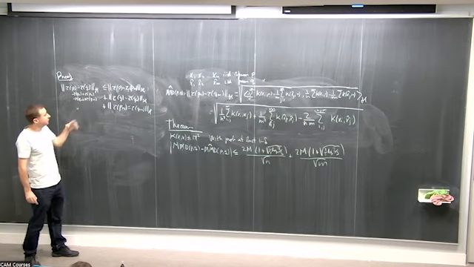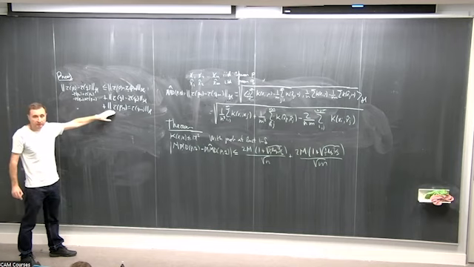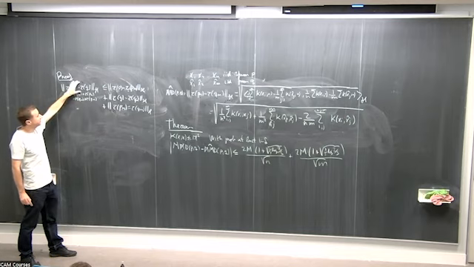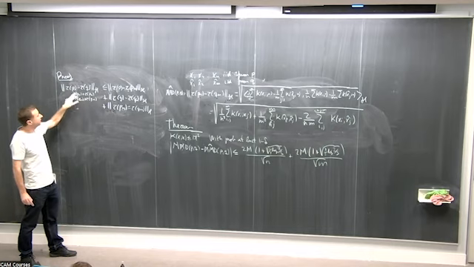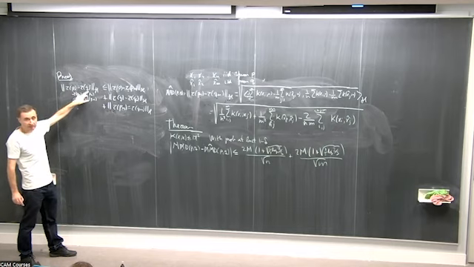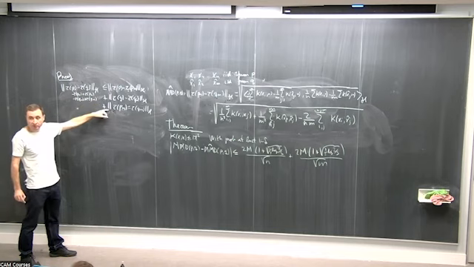I can also do these things starting from here. So if instead of starting from here and adding this, I put this on the left and add and subtract these quantities, I can have the same inequality, but with respect to this.